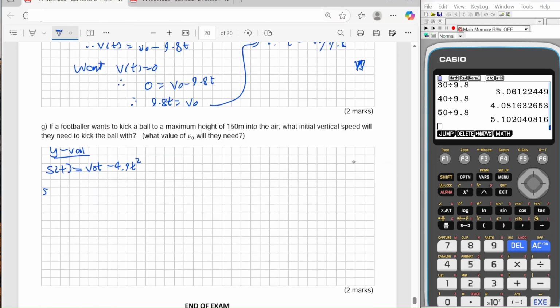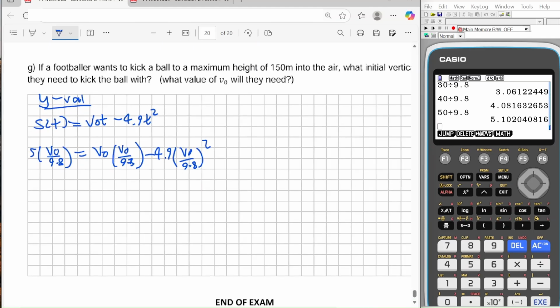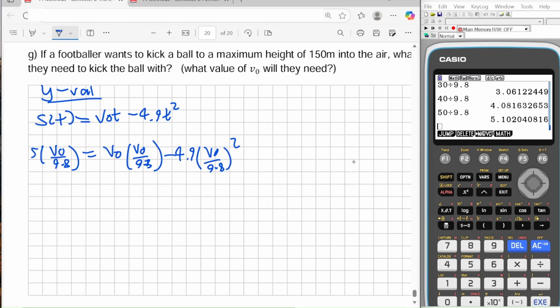So S of that t value, so v naught over 9.8, is v naught times v naught over 9.8, take 4.9 lots of v naught over 9.8 squared. That's going to be a lot to deal with, but we'll get there. So we want that to equal 150. We'd like that point to equal 150, the position.